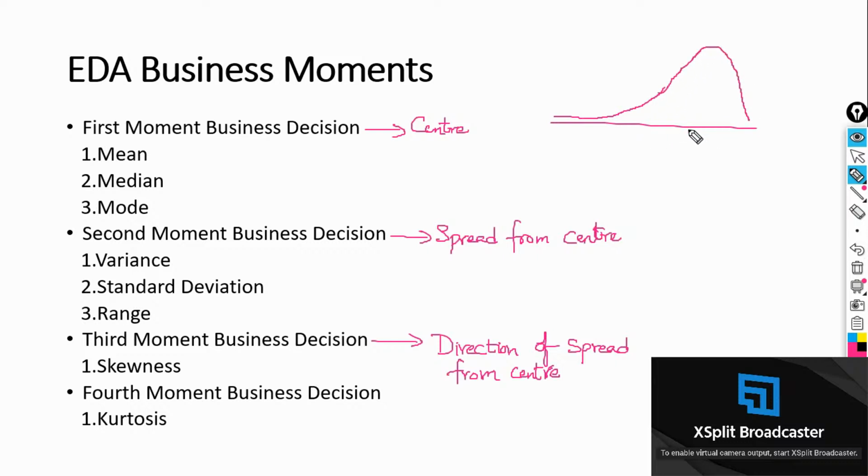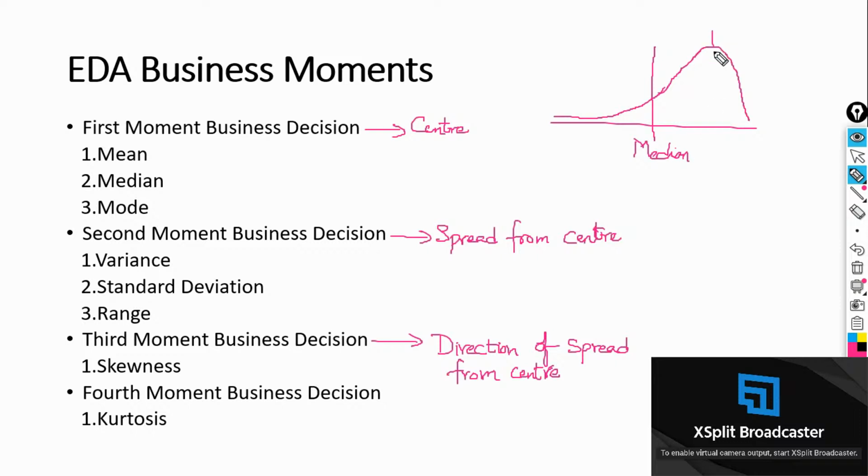See, I'm visualizing my data, and when I visualize it, where is my spread? I see my spread is towards the left side of the visualization. And where is my center? Somewhere here, the center. The center will be the median.